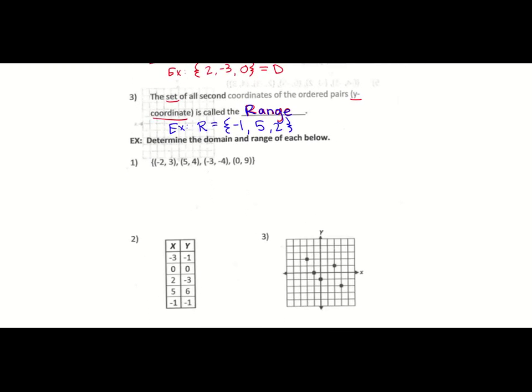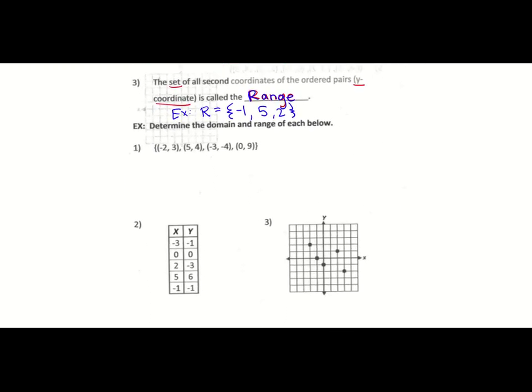So if we look at an example here, it says determine the domain and range of each below. So this tells me right here I have a set of 4 points. I have 4 ordered pairs. If I want to know the domain, all I'm going to look for are my x values. So I'm just going to write those points.